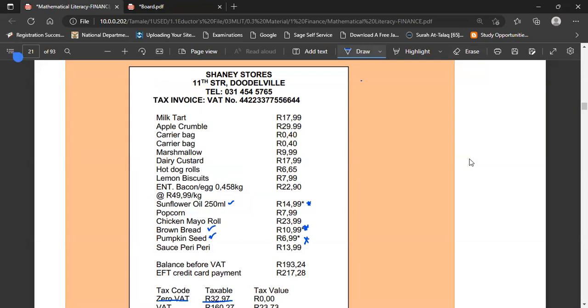We look at the first one, sunflower, which was 14,99 plus 10,99 plus 6,99.